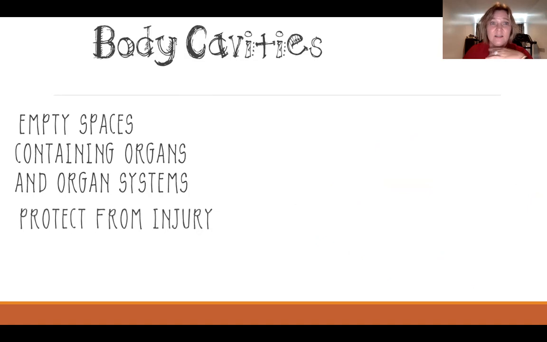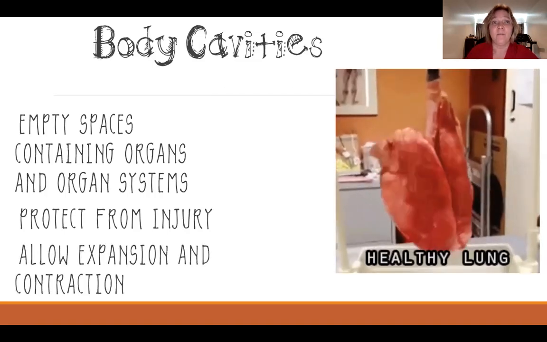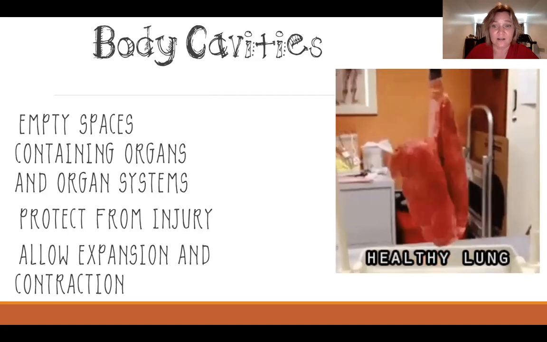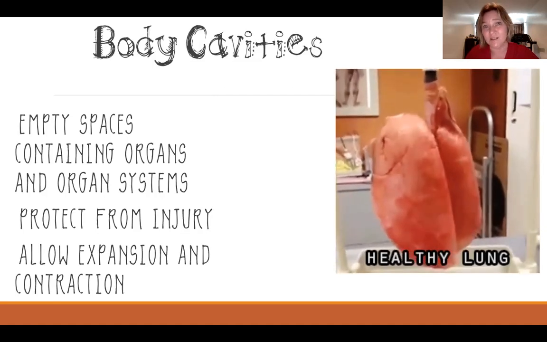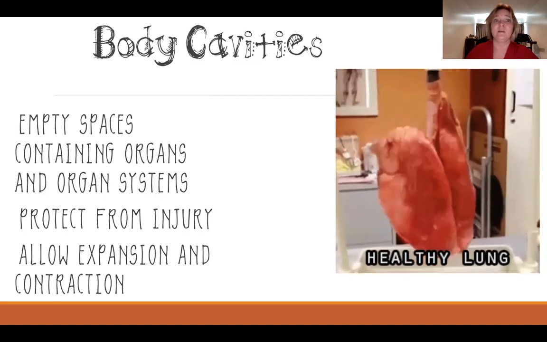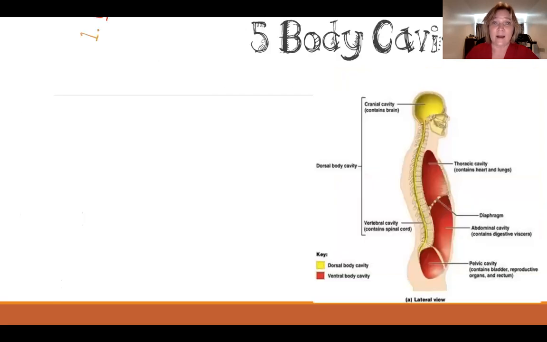Next, body cavities. These are empty spaces that contain organs and organ systems. The function of a body cavity is to protect the organs from injury, but it also has to allow for expansion and contraction. There are 5 body cavities. The first one is the cranial cavity.